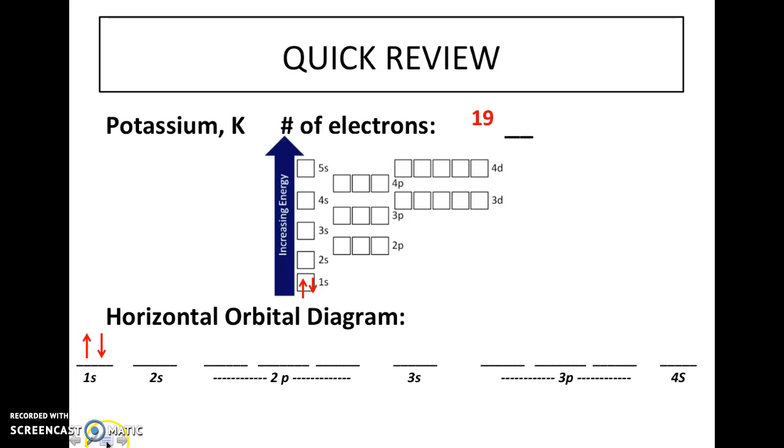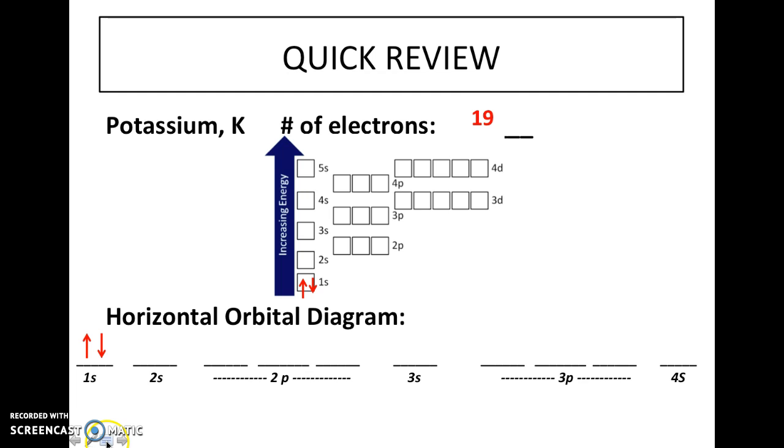It's full, so we have to go to the next box. Which rule tells us that we have to have two electrons with opposite spin to fill an orbital? If you thought the Pauli exclusion principle, you are correct.